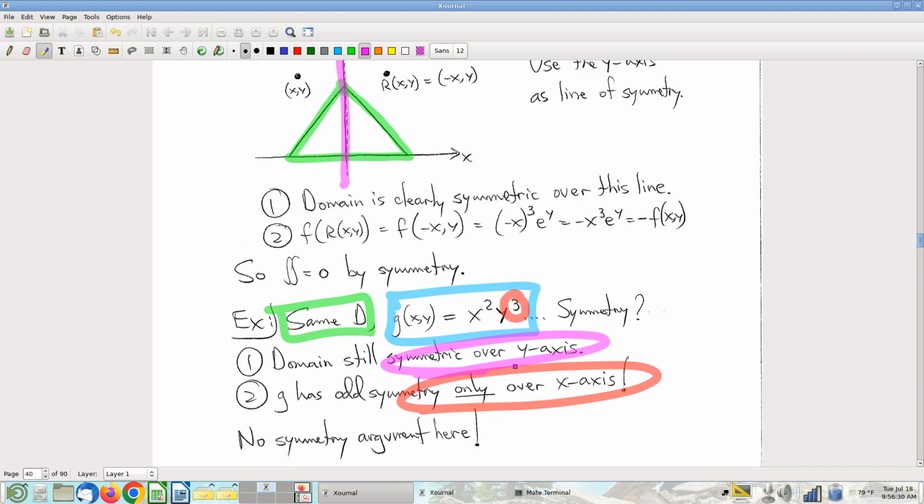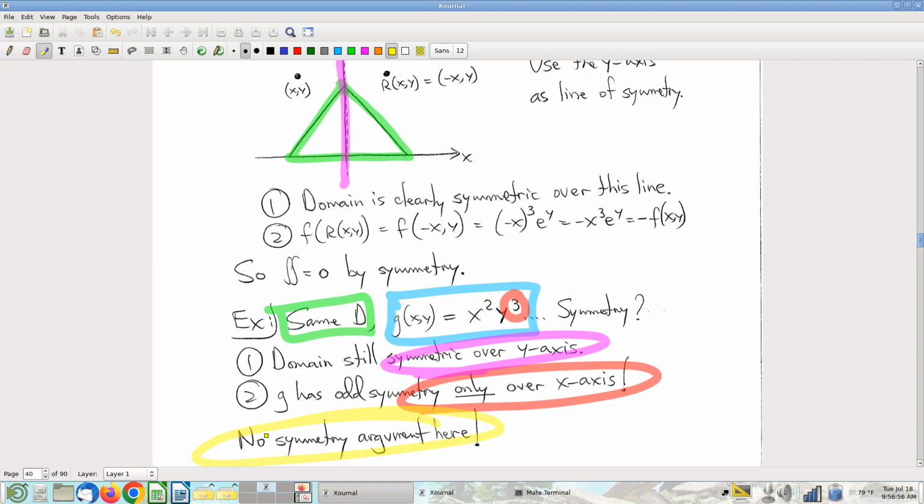So there is no argument over the y-axis because the function's not odd. There is no argument over the x-axis because the domain is not symmetric over the x-axis. And so there is no symmetry argument to be made, right? If you try to make a symmetry argument, it's nonsense. Absolute nonsense.